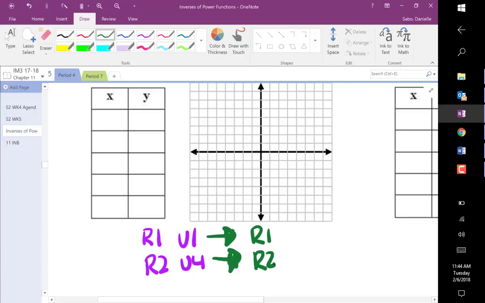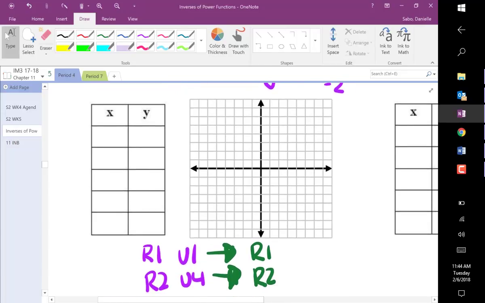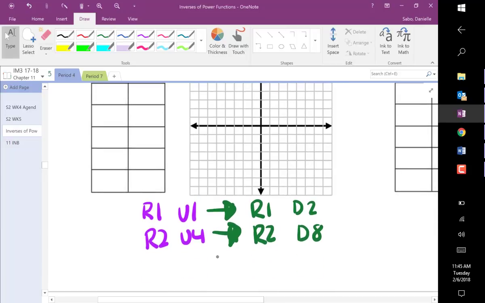However, I told you that we're going to have to multiply these y values by -2, so we're going to be going down what? 2, yeah. And then what about the next one? Down 8. Down 8 because you're multiplying by -2. Okay, so I'm going to put a little star here. I multiplied by a -2, and that's how I got these answers.